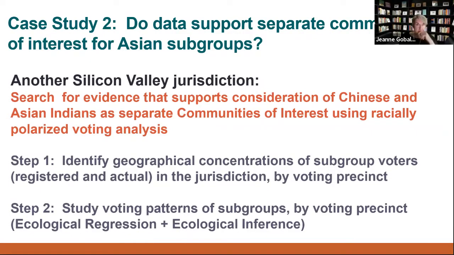One of the jurisdiction's board members is Asian Indian, and another is Chinese, actually Taiwanese American. Within Asian Indian categories, there are different subgroups, and the board member who prompted the inquiry into Asian subgroups was actually a Sikh.